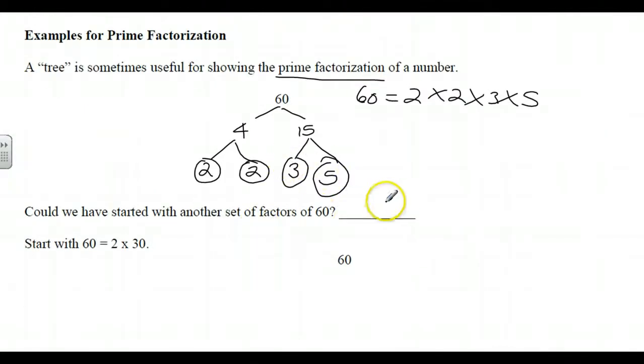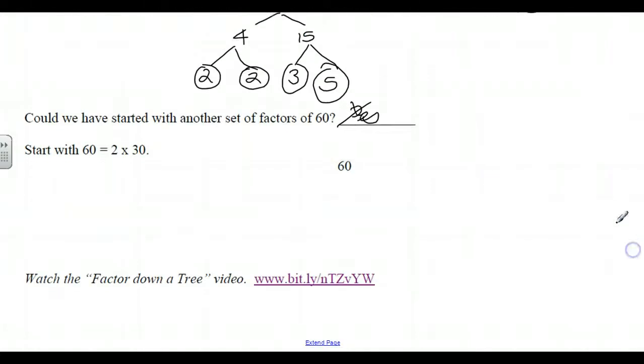Okay. Could we have started with another set? Yes, we could have. Let's start with 2 and 30. Now 2 is prime and 30. Now I like to divide by primes where I can, so let's call this 2, our lowest prime. So I say, does 2 go into it?